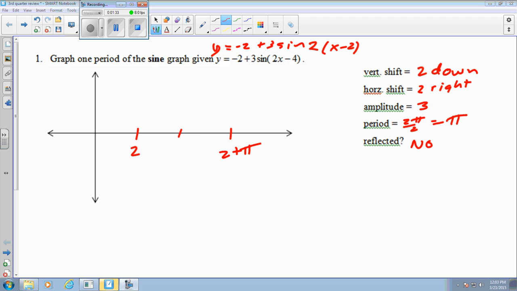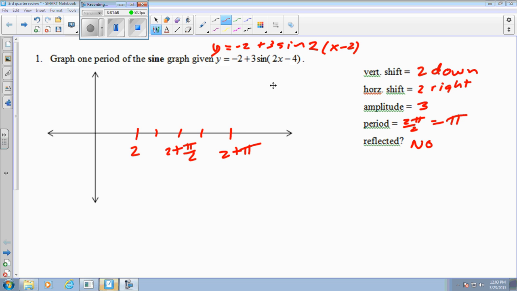Halfway between there is going to be 2 plus pi over 2, 2 plus pi over 4, and over here is 2 plus 3 pi over 4. And I'm not going to label that because they're going to get in the way, but they're there. You can label them in yours.